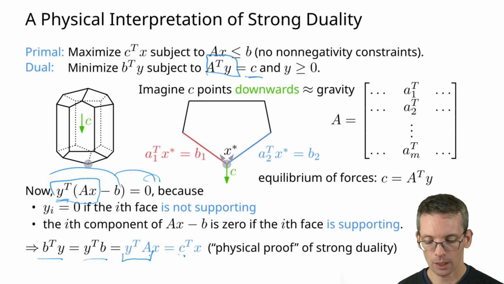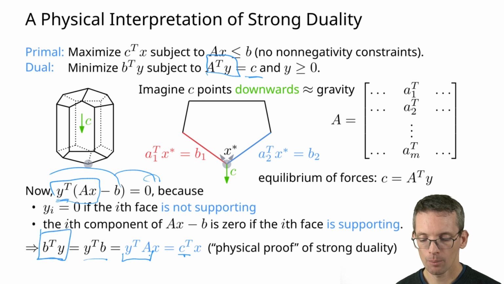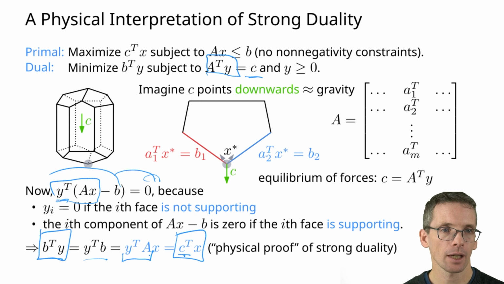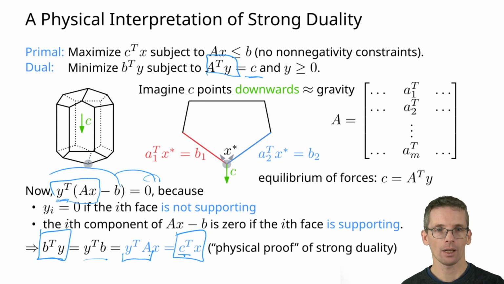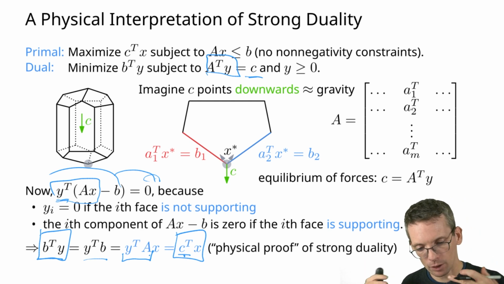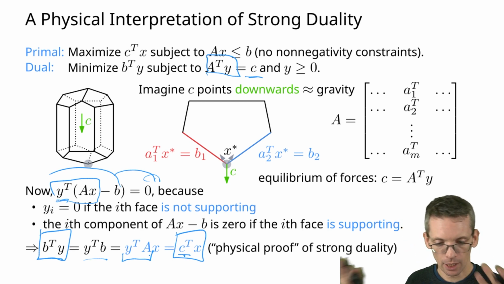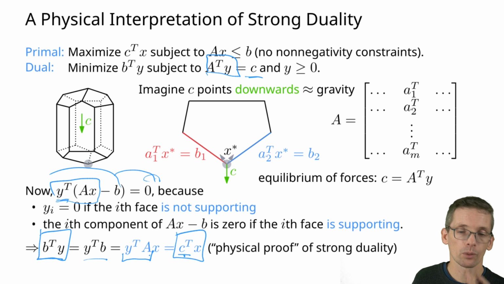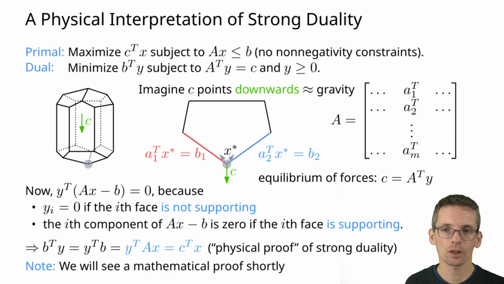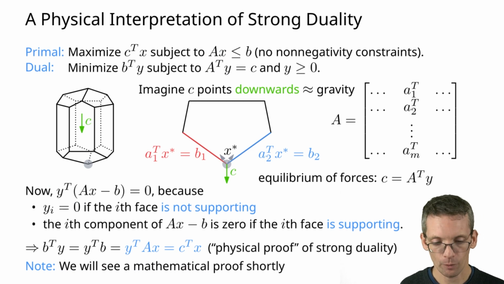So I get c transpose here. So what I have here is b transpose y is c transpose x, and this is exactly strong duality. So this gives me a physical interpretation of duality, which tells me that strong duality is true. We will see in the next video a mathematical proof, or I'll sketch a mathematical proof for strong duality.